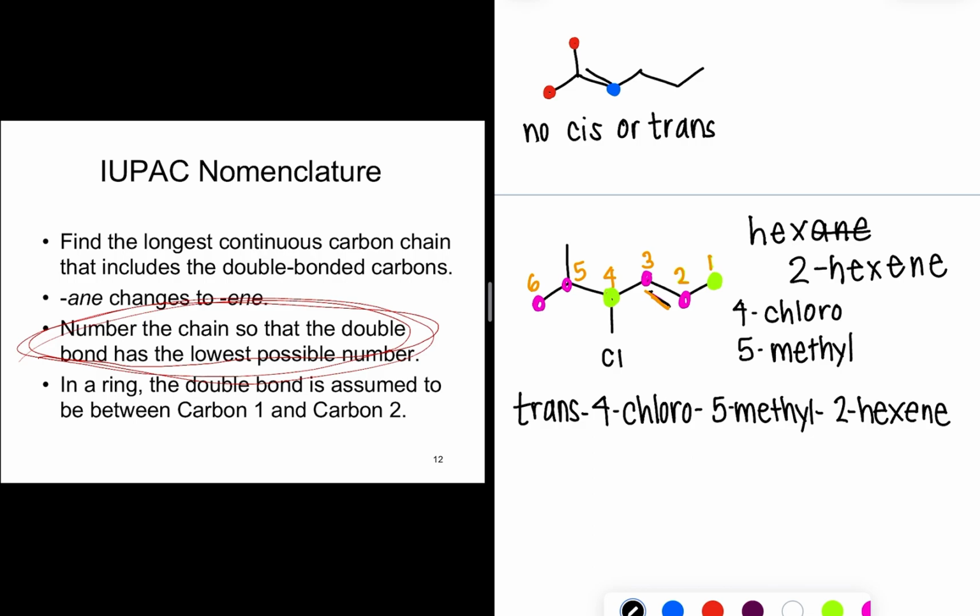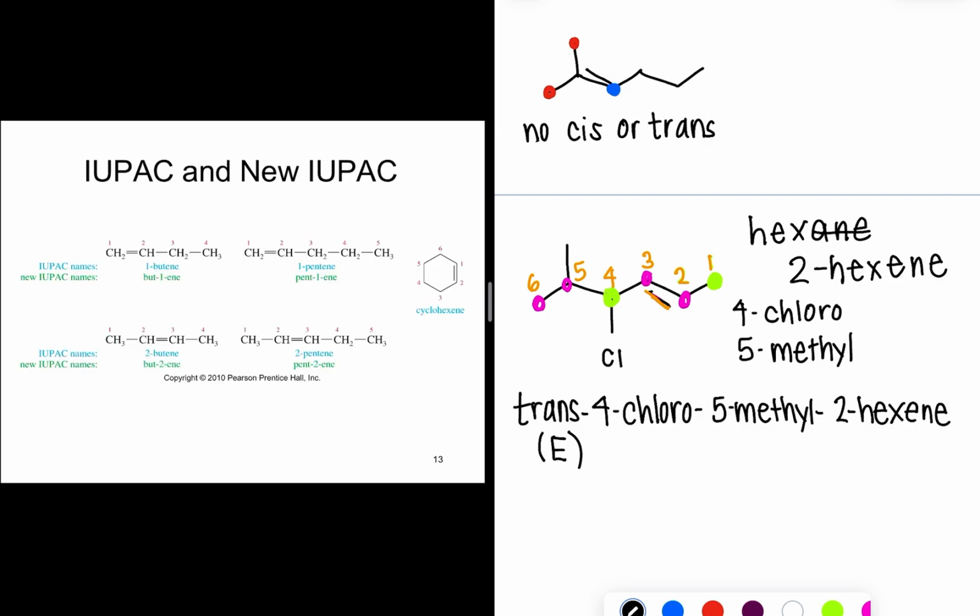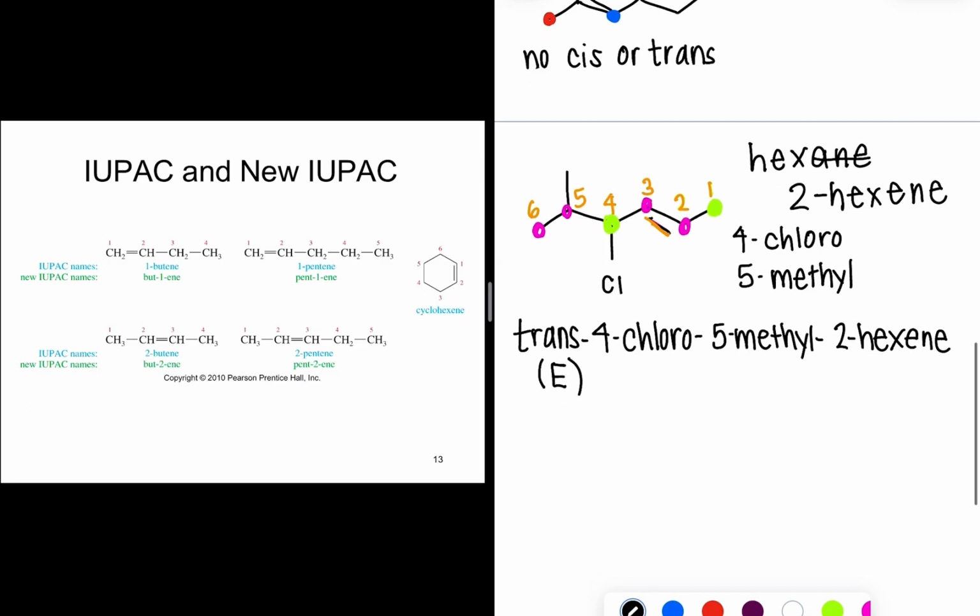We're going to actually get into another naming system. So just in a minute, we'll get to it. This is E, more appropriately named as E. So that you guys know, there's old IUPAC and new IUPAC rules.